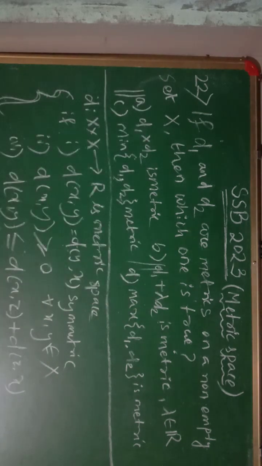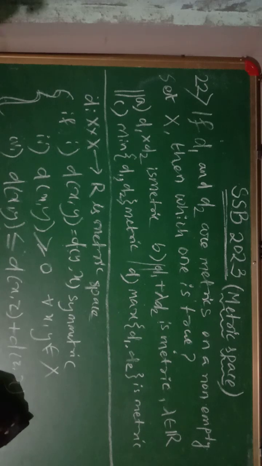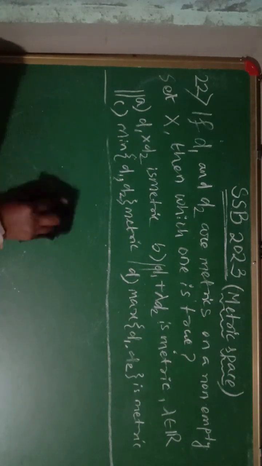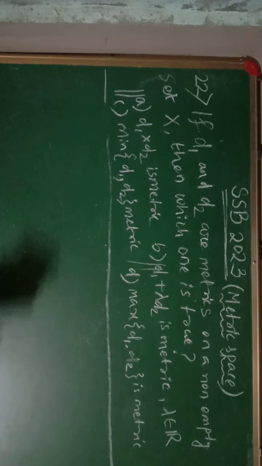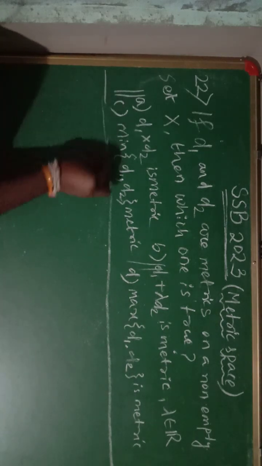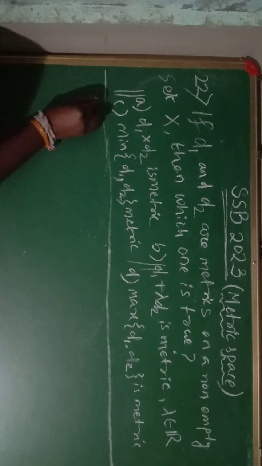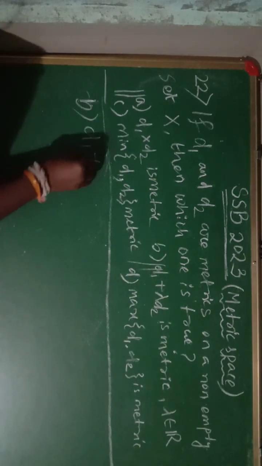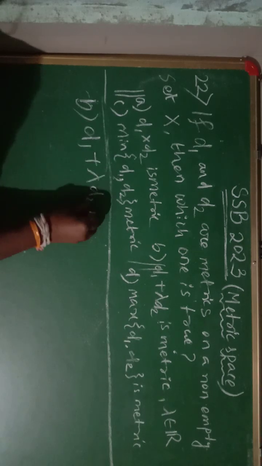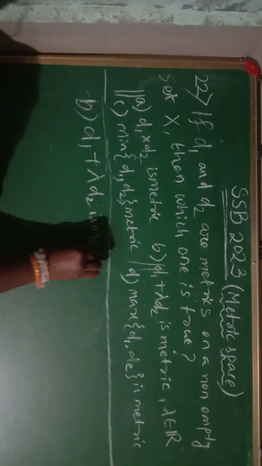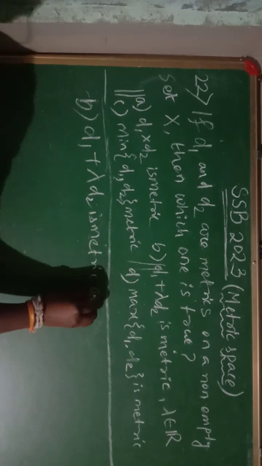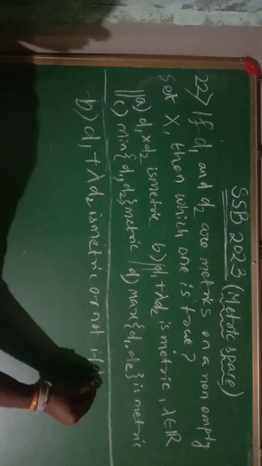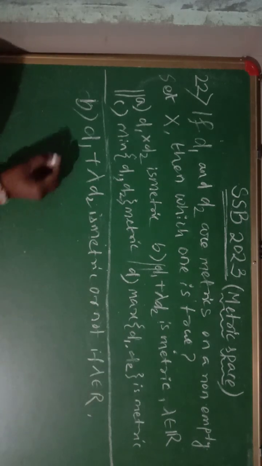First of all, we have to verify option B. What is given to us? We have to verify option B, that is D1 plus lambda into D2 is a metric or not, if lambda belongs to real numbers.